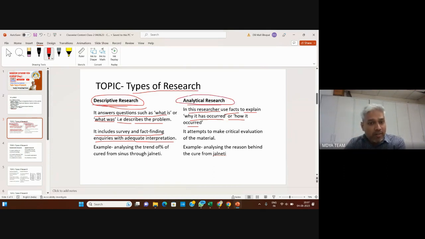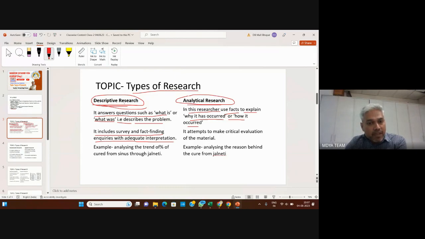If you do not remember these words, it will be very difficult for all of you to understand the subject of research, because it is very confusing. If you watch different videos on YouTube, you will get several videos on this topic and they will explain from their own examples. So if you watch 2 or 3 videos, you will get confused. So do not get confused, just remember these words and understand what this is.